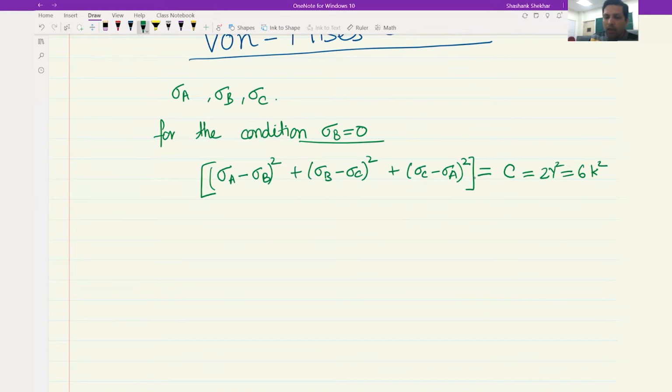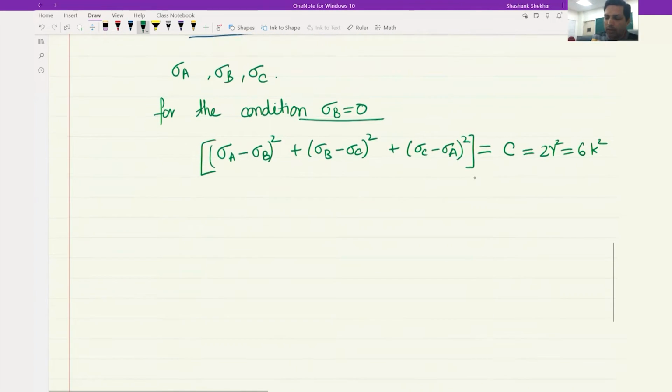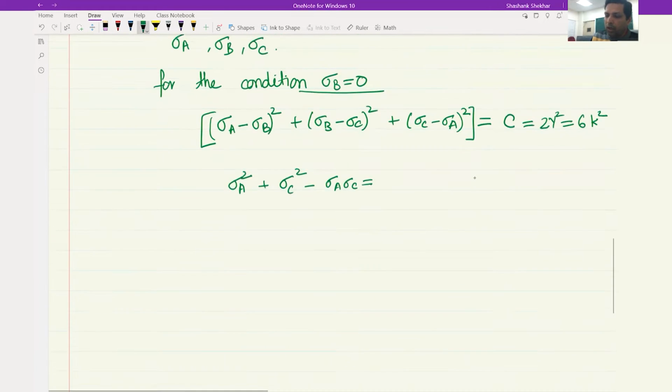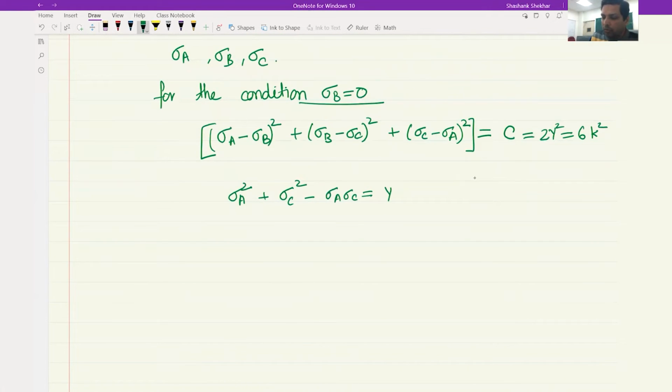Now here we are saying that we want to draw a locus at the point of yielding. To simplify the equation, because it will be a three-dimensional equation, we will keep sigma b equal to 0, and therefore now we have two axes, sigma a and sigma c. So the equation would be in terms of sigma a square plus sigma c square minus sigma a sigma c equal to, in terms of y and k, y square or equal to 3k square.